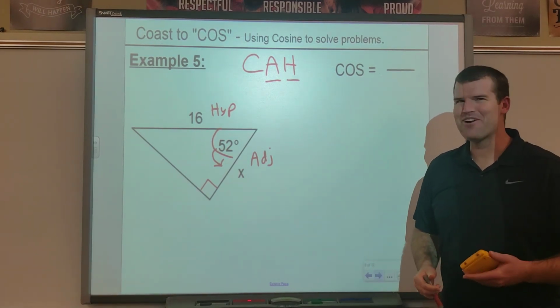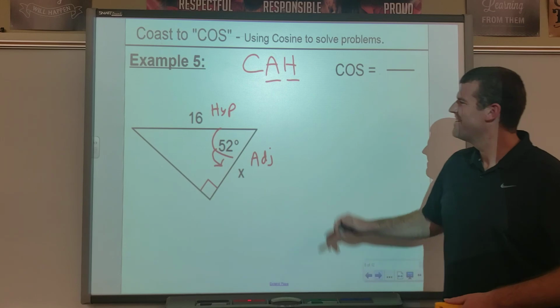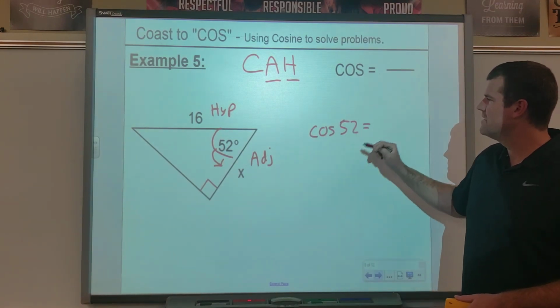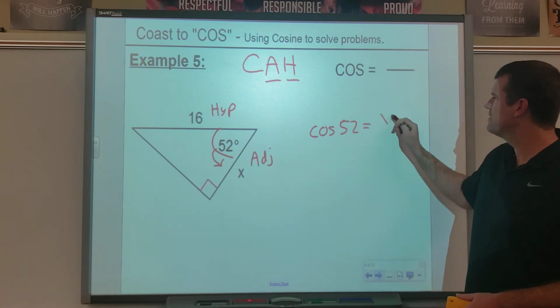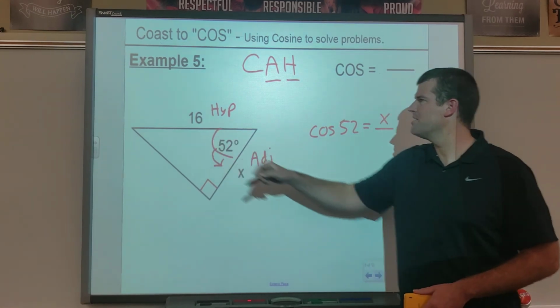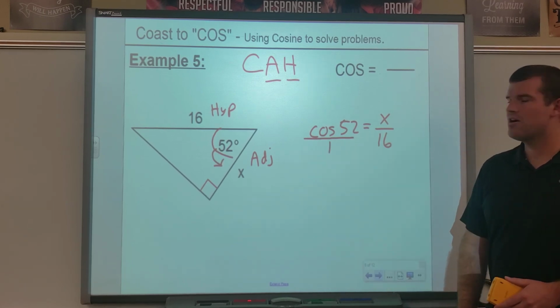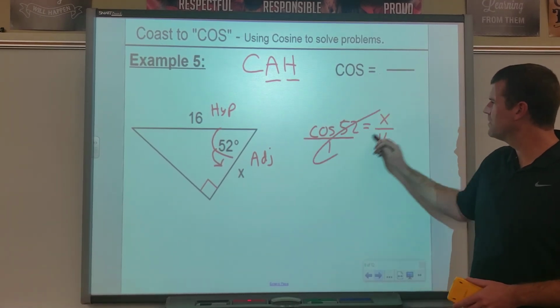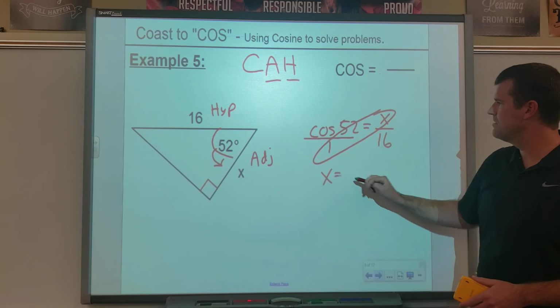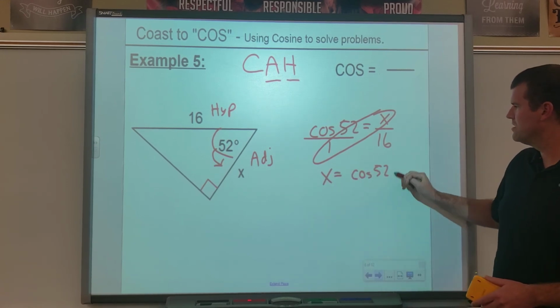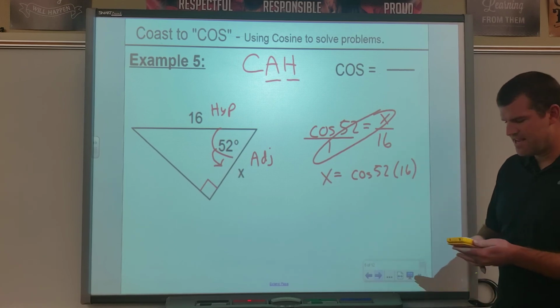That's right. Great job. You guys are so good at this. So we're going to go ahead and do cosine of 52 equals the adjacent over the hypotenuse. We can go ahead and set up our proportion. Cross multiply. X equals cosine 52 times 16.